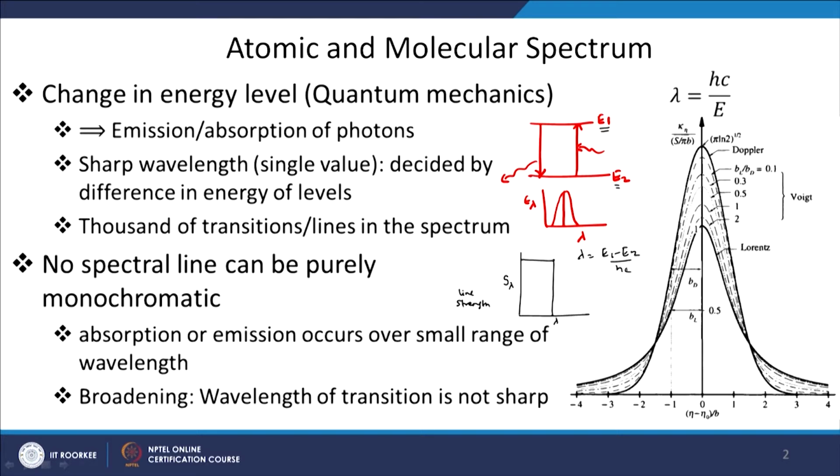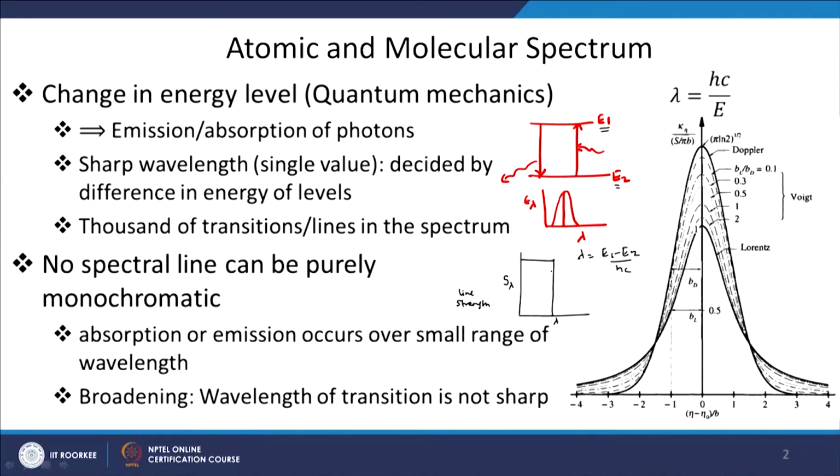But E1 and E2 are subject to uncertainty as per Heisenberg's uncertainty principle. E1 and E2 are not sharp, so there may be some variation in them. If E1 and E2 change, then definitely lambda changes, but that is just one cause of uncertainty. There are other causes of line broadening that we will discuss.